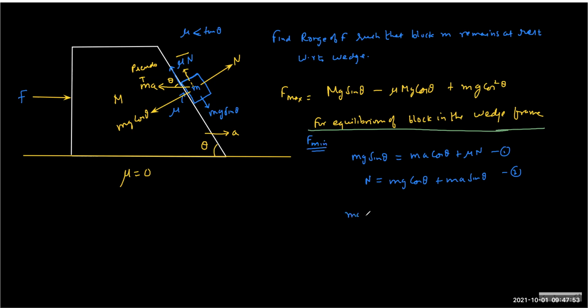So what I'm going to get is mg, and this is definitely wrong. So I'll come to that. Mg sin theta equals ma cos theta plus mu into... just mute.